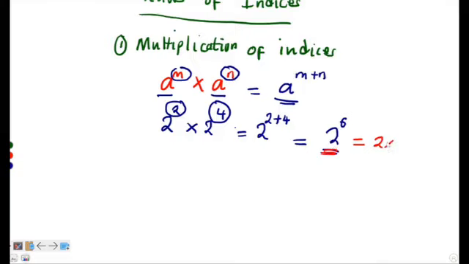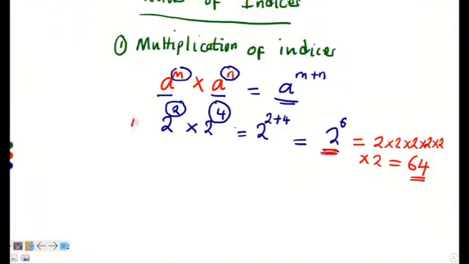So I'm going to say 2 times 2 times 2 times 2 times 2 times 2, that is 1, 2, 3, 4, 5, 6. 2 times 2 is 4. 4 times 2 is 8. 8 times 2 is 16. 16 times 2 is 32. 32 times 2 gives us 64. So if you are asked to evaluate, the answer is 64. So this is under the first law. You must know these things.